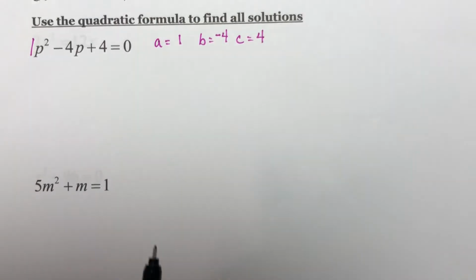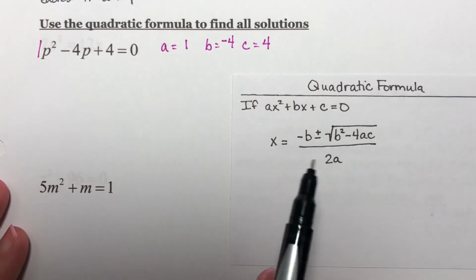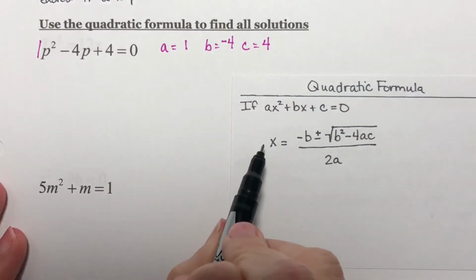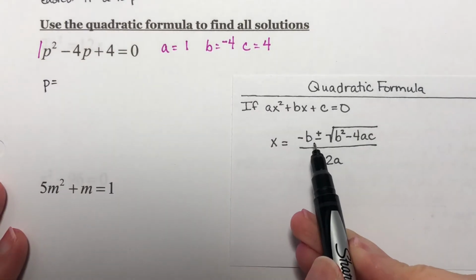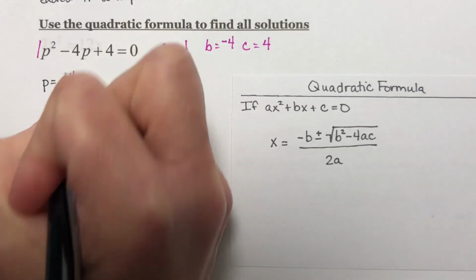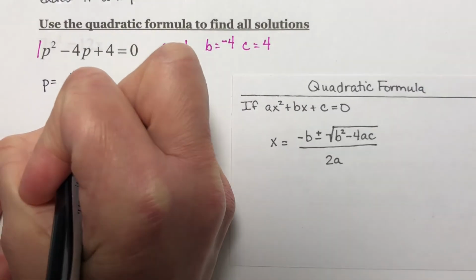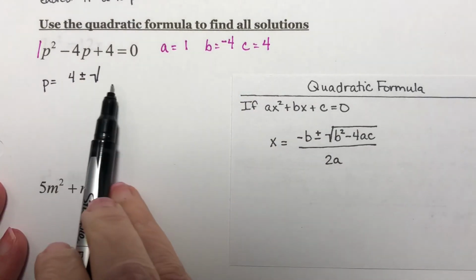Now I'm going to use the formula, which I have written on a note card, so I can just drop it down. My variable here was x, here it's p, so p equals negative b. The opposite of b, this is a negative 4, so I write down a positive 4. Plus or minus the square root of, and I'm not going to write my radical bar until I write everything down.